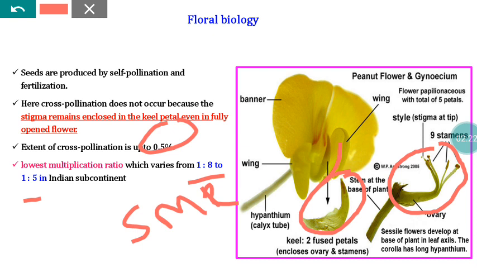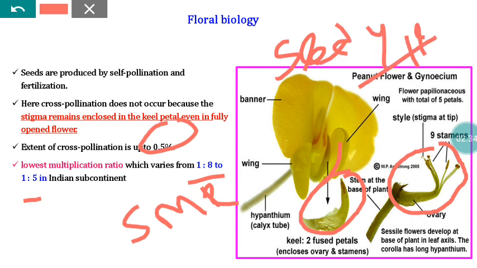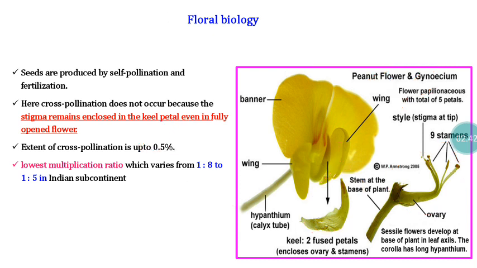In the case of groundnut, if you sow 1 seed, you can harvest 8 seeds alone. To calculate the SMR, we already have the formula, that is seed yield divided by seed rate. By that way we can work out the SMR for various crops. So in the case of groundnut, the SMR is very low, 1:8.